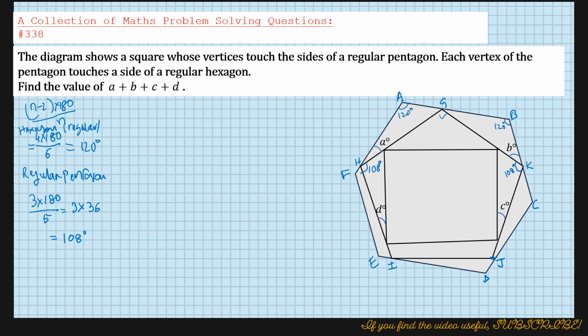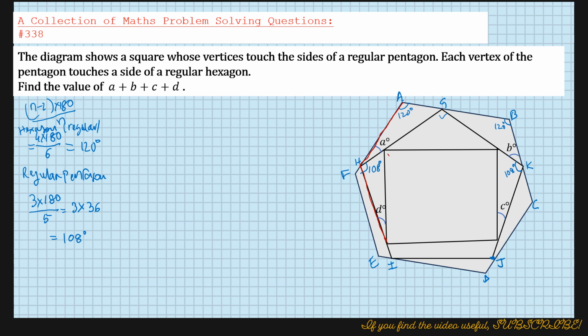So the reason is, if we are to join the points starting from A to H, that includes the angle A, and I didn't name the square, so I must name the square.